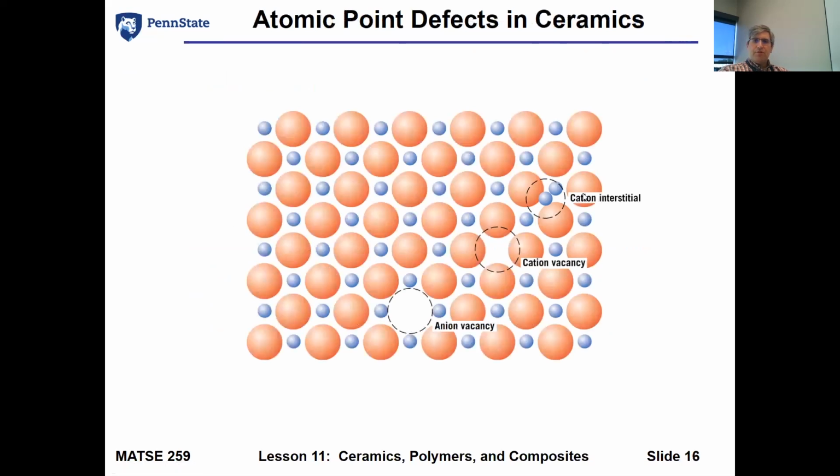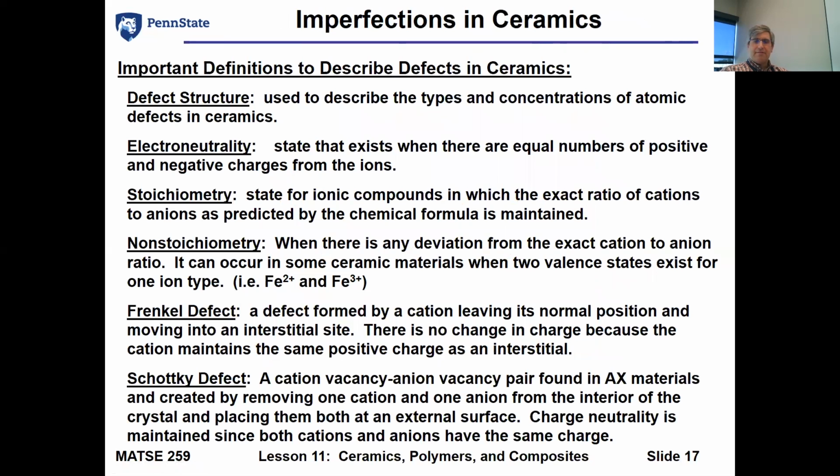But you really can't have an anion interstitial, because the anions are much larger than the cations. You can have a cation interstitial. You can have a cation vacancy and an anion vacancy. So in ceramics, you just can't say a vacancy is a point defect. You need to identify whether it's an anion or a cation that's leading to that defect. So these defects are point defects.